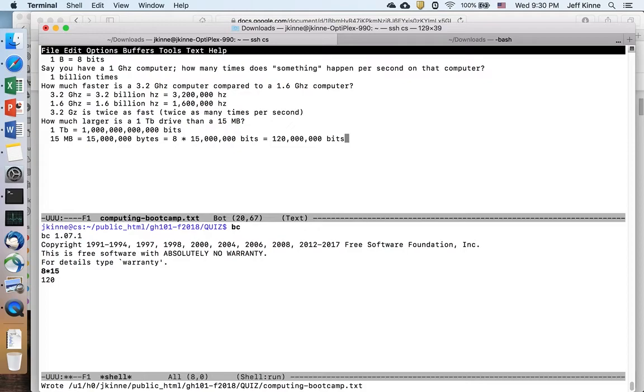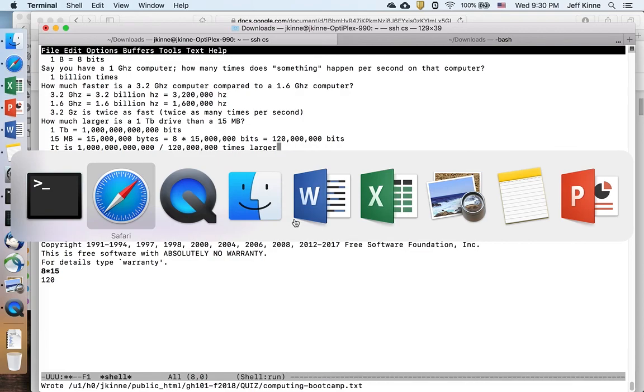All right, so how much larger is a terabit? We just divide these, 1 trillion divided by that. Okay, that'll be it.